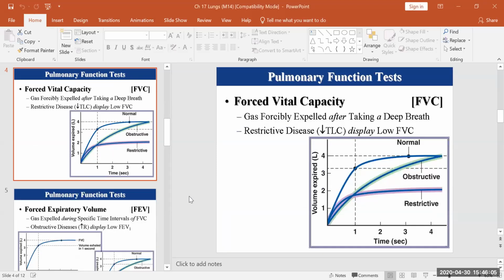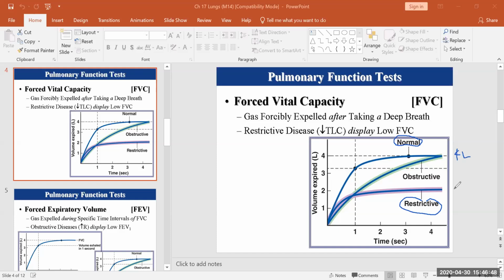Now, going back to those tests that we talked about earlier, starting with the forced vital capacity. This is the norm in a normal patient up here. This is the volume being displaced, up to 4 liters. So forced vital capacity, 4 liters. This is the condition where it shows clearly a drop.